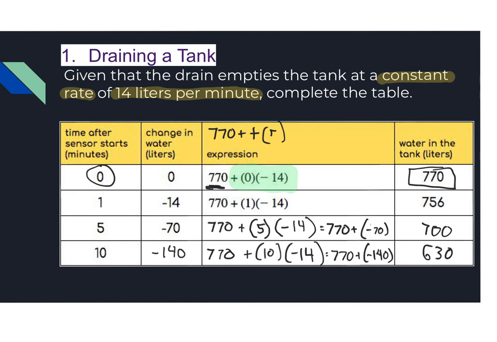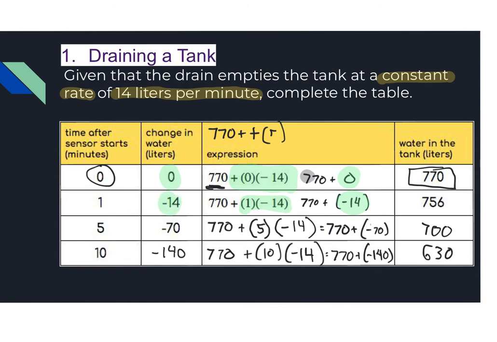So we could look at this expression kind of like 770 plus 0, because that 0 times negative 14 is just 0, which is also the change in water. And then we could look at 1 times negative 14, and that means that this expression is actually 770 plus negative 14. So we can see that multiplication happened here.